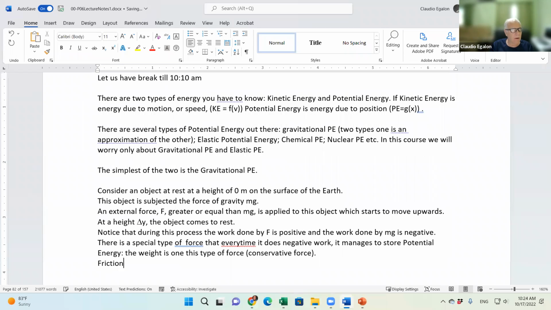Friction, for instance, cannot add energy. There is a special type of force that every time it does negative work, it adds potential energy to the object. The weight is one of these types of forces.